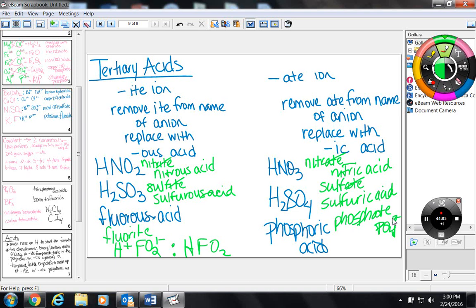And H plus adds up to -2, so I have to swap it. H3PO4. All right.